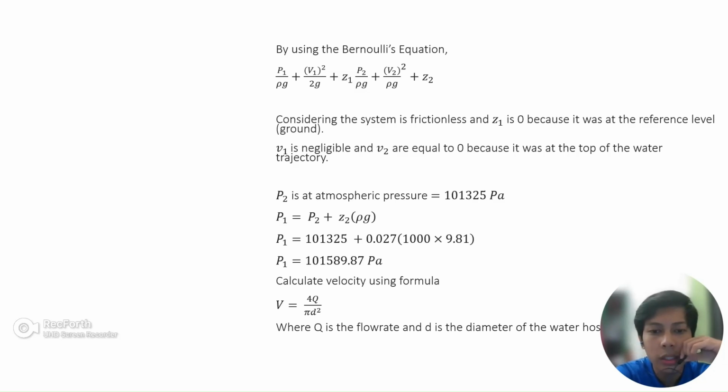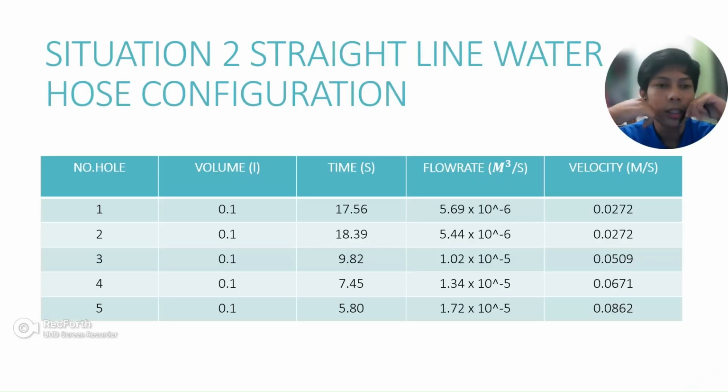And from this slide also, we can see that to calculate velocity, we can use the formula V equals 4Q divided by pi d square. Okay, next, from this slide, we can see that for straight line water hose, we use 5 holes, and when the water reaches 0.1 volume, the time will be taken.